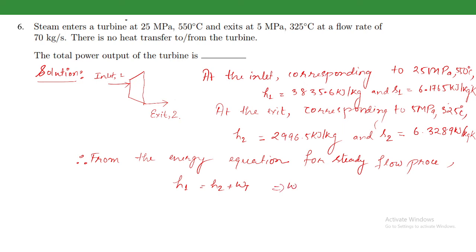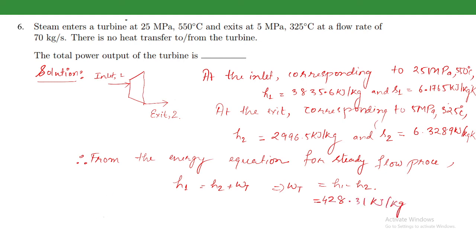So work done by the turbine is H1 minus H2. This value comes out to be 428.31 kilojoule per kg.